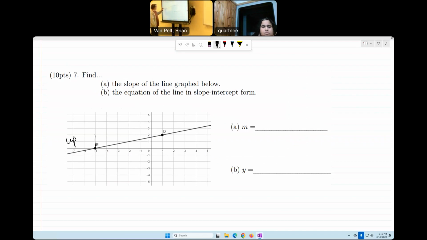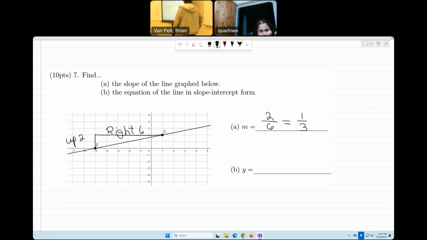Up 2, and then what do I need to do? Right 6. Do we have to simplify here? It didn't say you have to. Up 2 means positive, right 6. So we could write 2/6, which would be exactly according to that picture. You're not required to simplify.